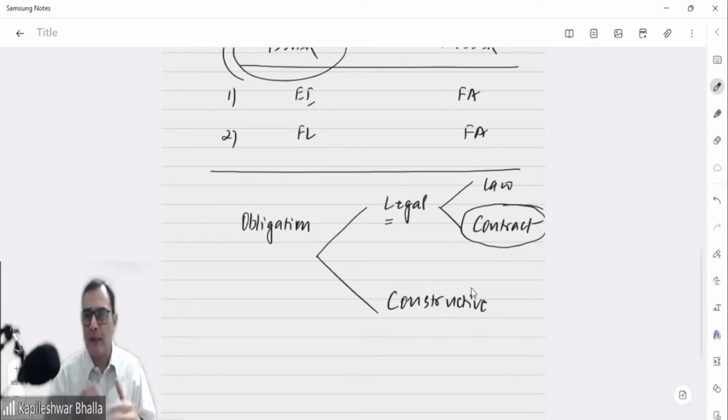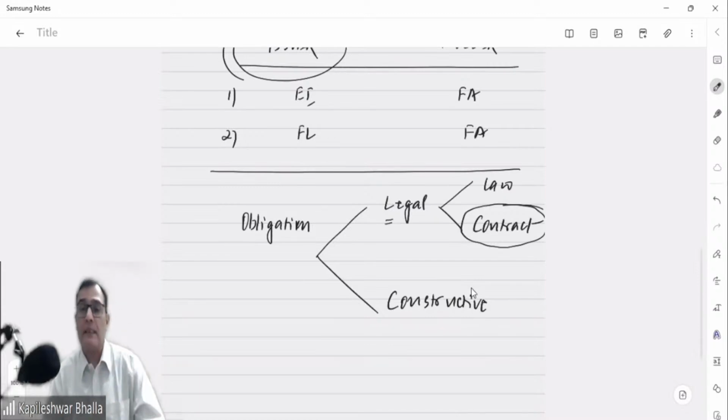So hear this carefully, I would put it like this. Can I say every contractual obligation is legal? Mind it carefully. Every contractual obligation is legal, but every legal obligation may not be contractual. I hope you get the point. Because when you say it's a legal obligation, it can be by virtue of law or it can be contract.